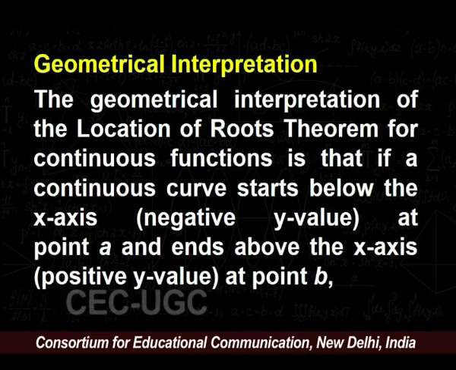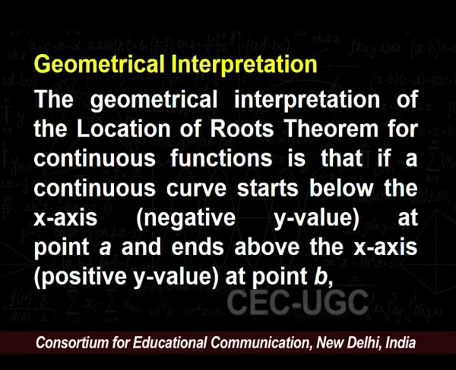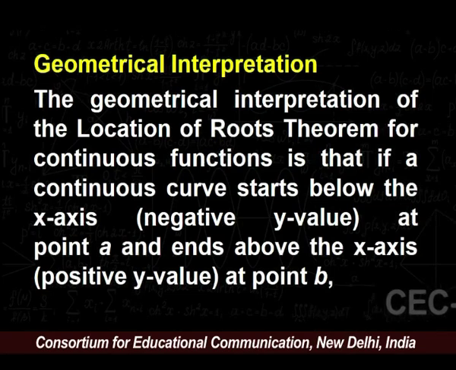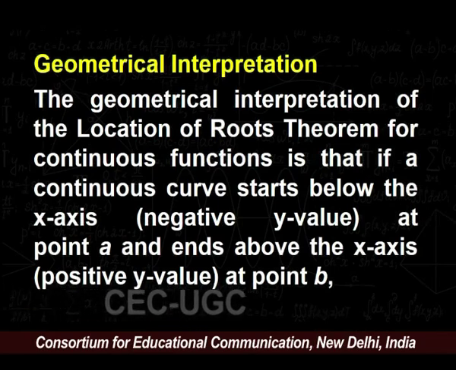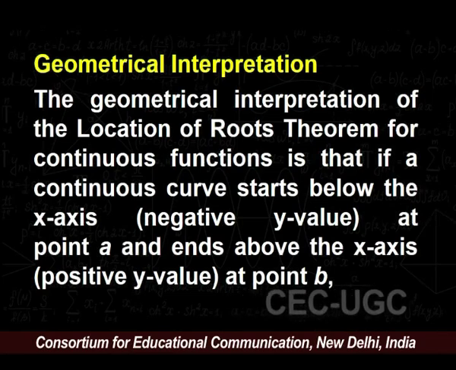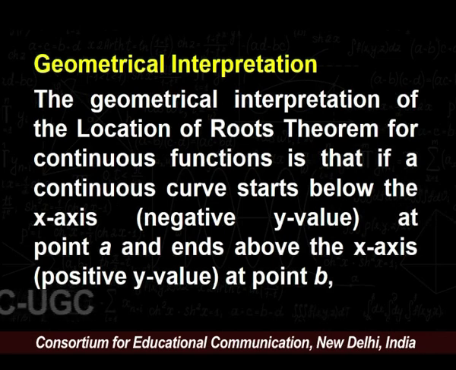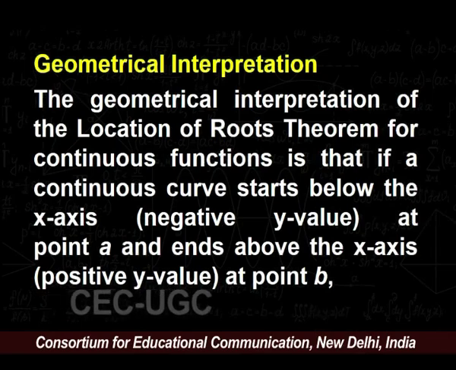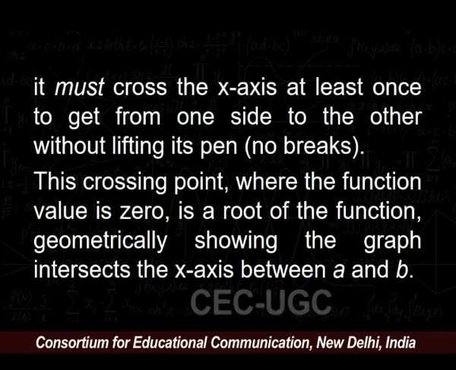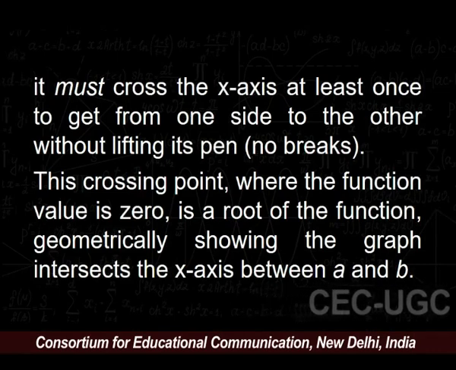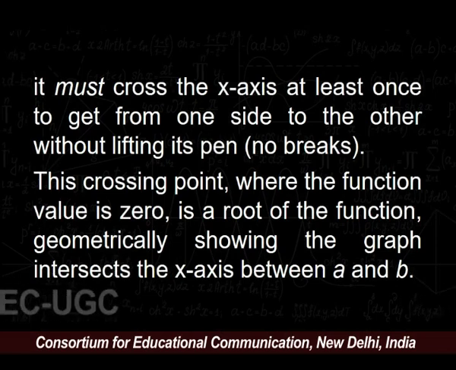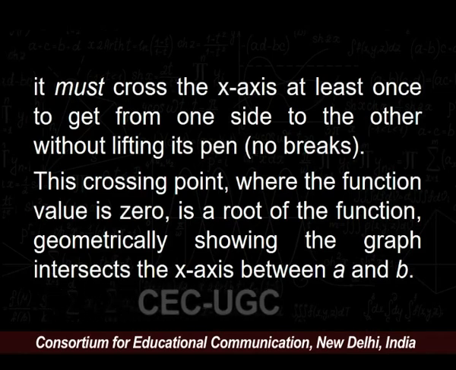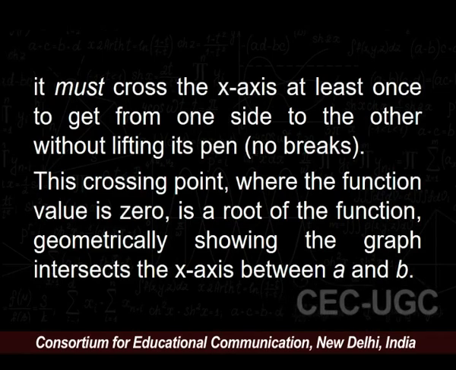Now, moving towards the geometrical interpretation. The geometrical interpretation of the location of roots theorem for continuous functions is that if a continuous curve starts below the x axis, that means negative y values, at a point A and ends above the x axis, that means positive y values, at the point B, it must cross the x axis at least once to get from one side to the other without lifting its pen or any breaks.